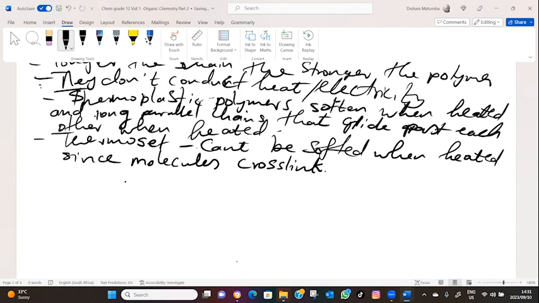We also have the so-called polymerization. Polymerization, we have two types of polymerization.